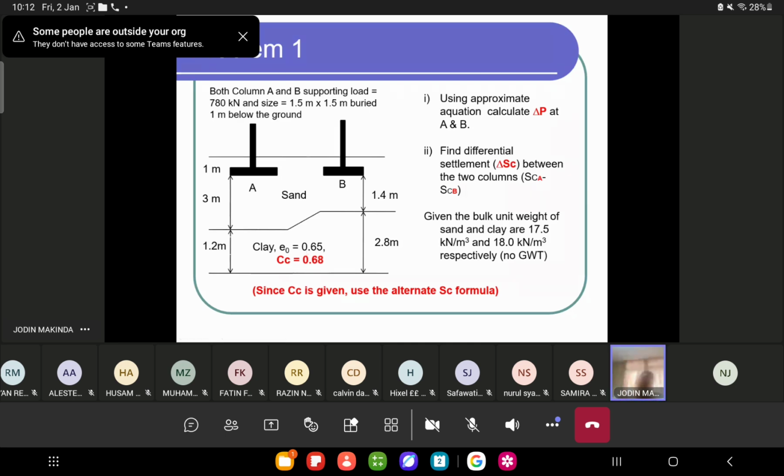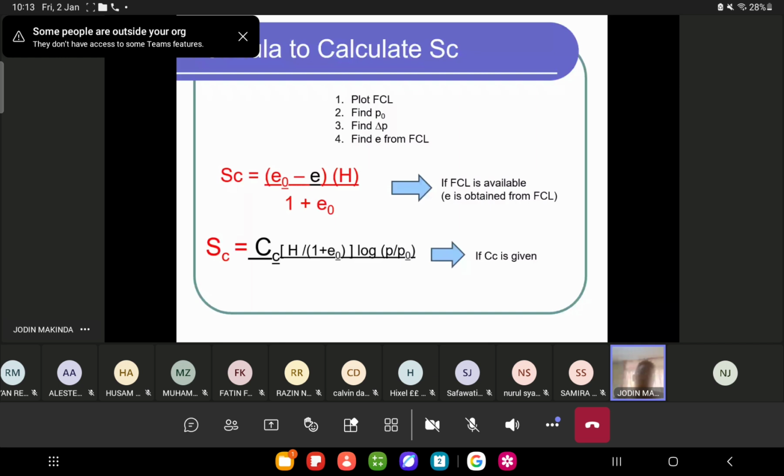Therefore, since the compression index is 0.68, you don't need the FCL. You use the formula to find SC because the CC compression index is given, the height of the clay thickness and e naught are given, the current stress is not given so you have to calculate it, and the effective overburden pressure is calculated.